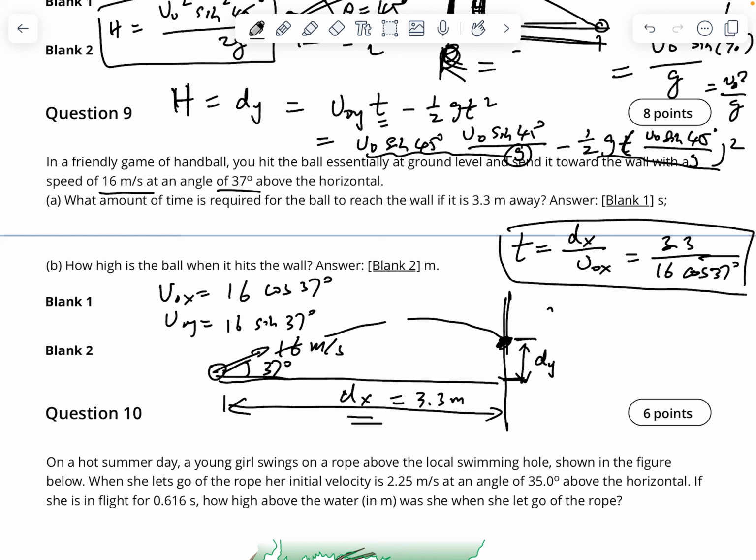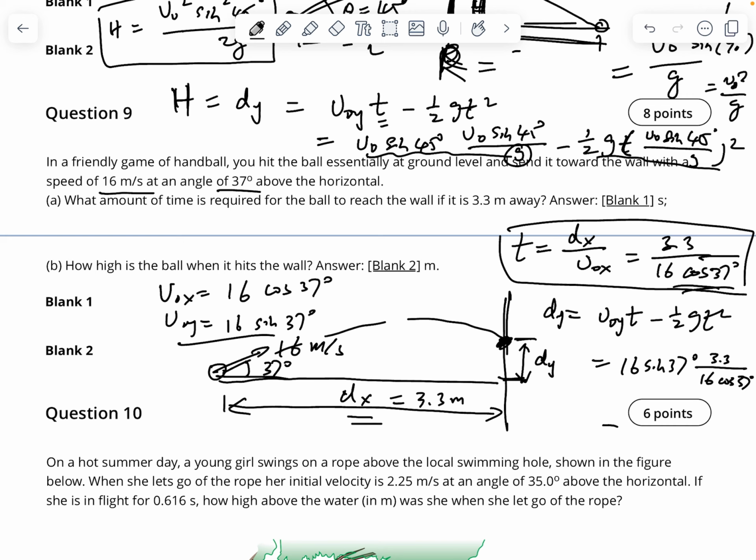And then it asks for dy. dy equals v naught y t minus half g t squared, right? So v naught y is 16 sine 37 times t, and this is your t, 3.3 over 16 cosine 37. That's the time, right?